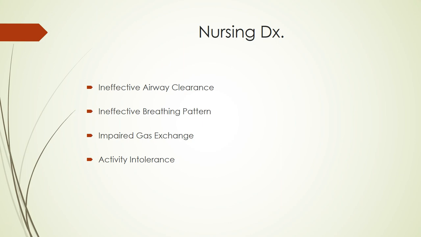So for nursing diagnosis, we have ineffective airway clearance, ineffective breathing pattern, impaired gas exchange, and activity intolerance. What we'll do is go through this in class as far as nursing diagnosis, and what I want you to do, when you read all the chapters for respiratory, is to specifically look more at interventions and outcomes, because when you have problems based on these disease processes, you've got to figure out what to do to make that better, and whether or not it actually worked.